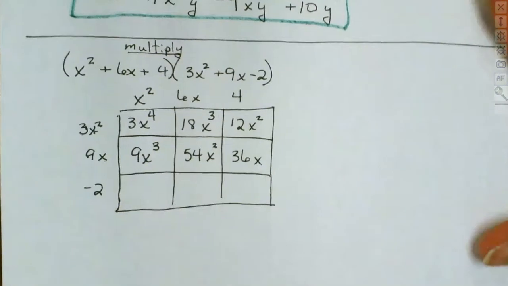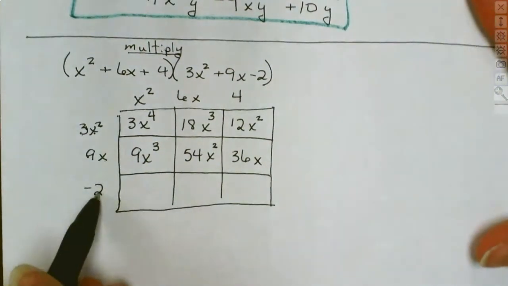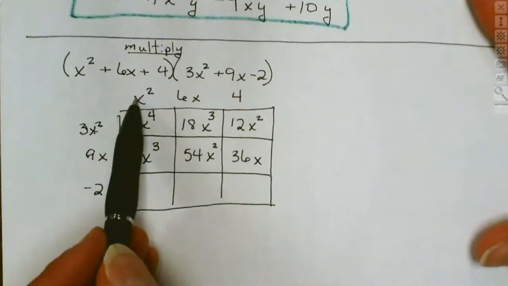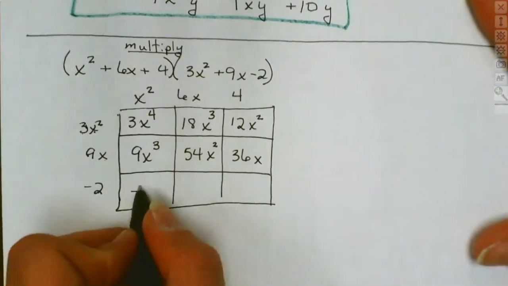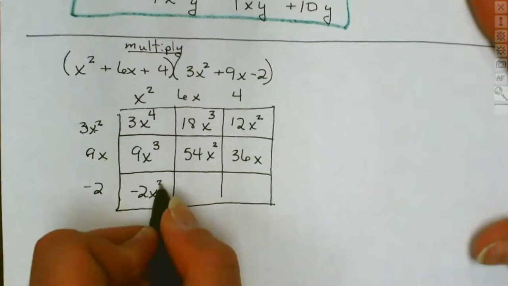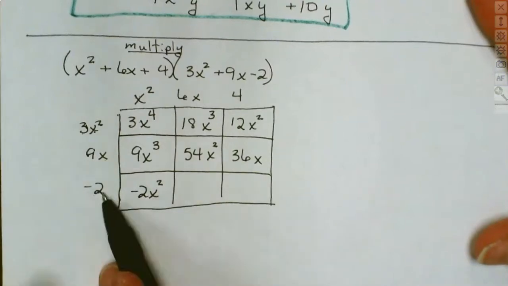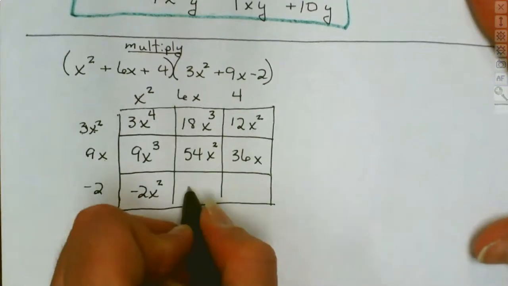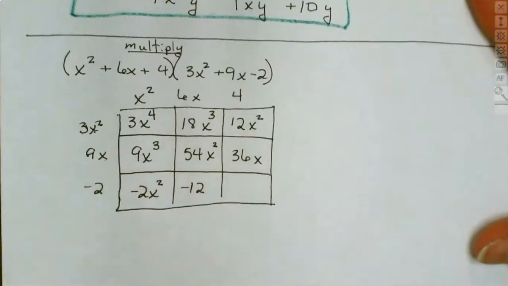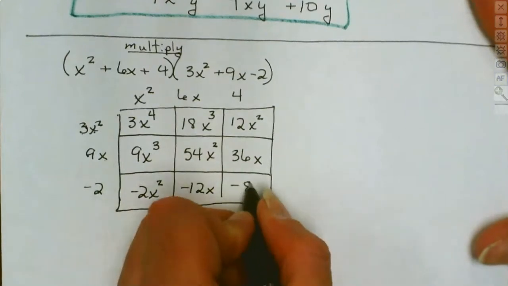X. Negative 2 times x squared. That makes it a minus 2x squared. Negative 2 times 6 makes it a minus 12x. And negative 2 times 4 makes it a negative 8.